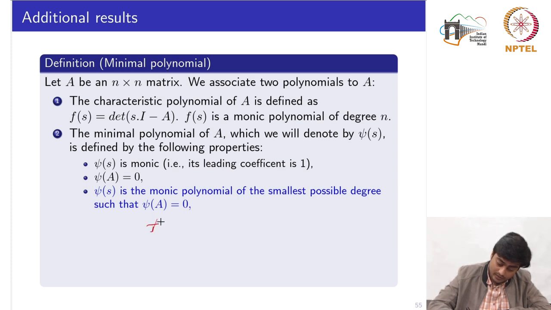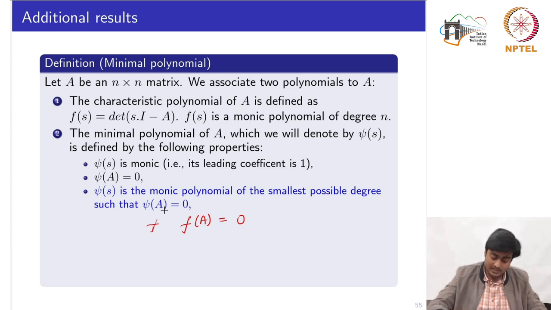So if I put f of A, it is also equal to 0. So the minimal polynomial should also satisfy this property. In addition to these two properties, psi of s should be the monic polynomial of the smallest possible degree such that psi of A is equal to 0.